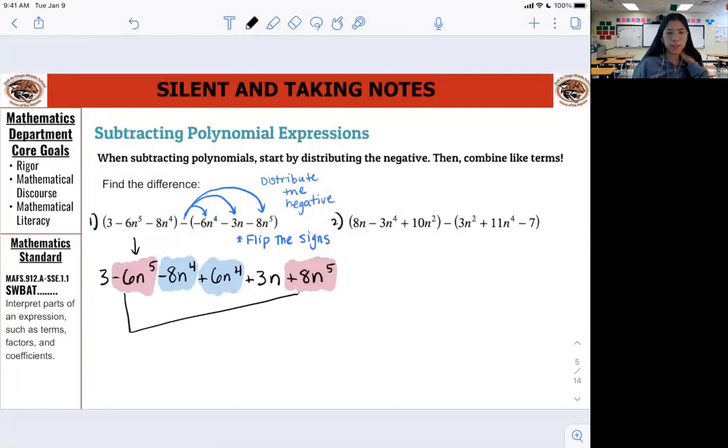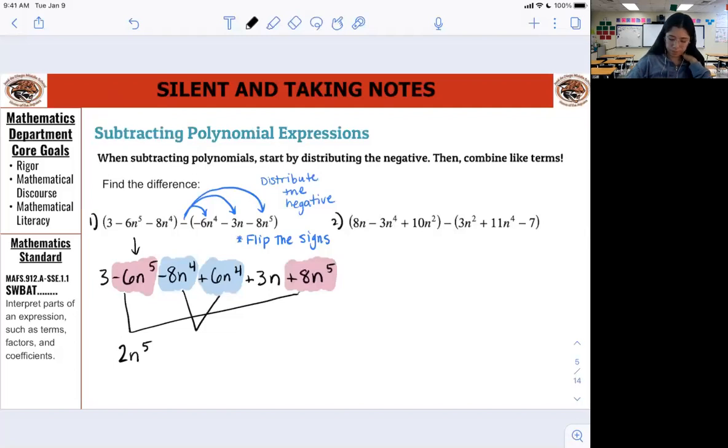So negative 6 and then 8, what does that give me? 2n to the power of 5. Which should I write down next? The 8, and then negative 8n to the power of 4, and plus 6. Yes, there we go. And what does that give me?